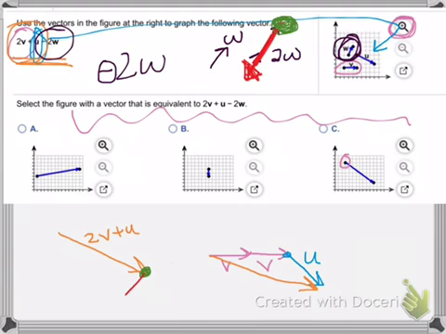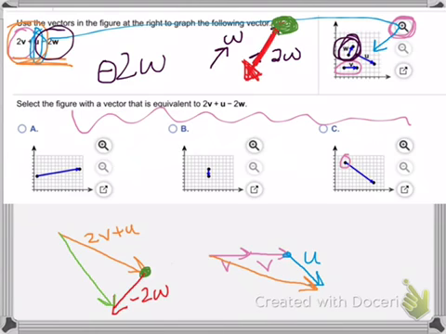Doggone it. Okay, so this is my negative 2w. All right, so tip to tail, tail to tip. So now my resultant vector, go back to green here, I got my tip to tail, now from tail to tip.